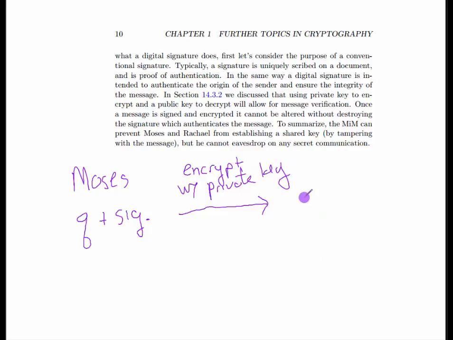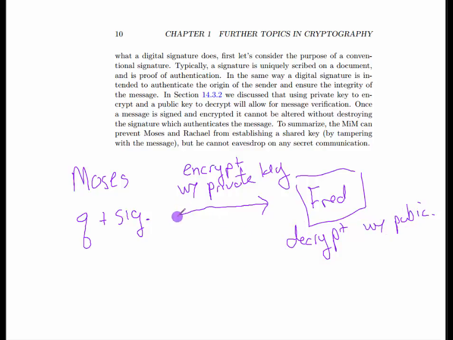All right, now suppose Fred receives this. If Fred receives this, he can decrypt with a public key. Okay, so he knows Q plus the signature. Okay, so you would think that he can go ahead and change Q and send this off to Rachel.